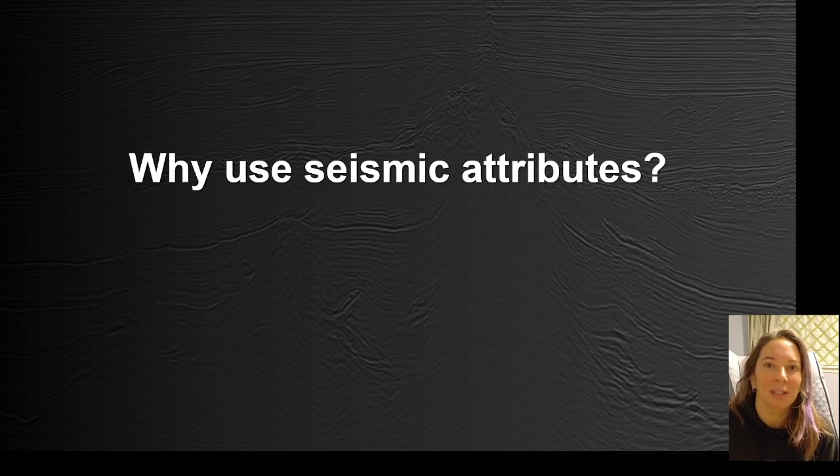The reason we study seismic attributes is because we really want to have a way to see more in the seismic data, as I've mentioned. We want to provide more objective, more quantitative measurements to enhance or supplement our traditional interpretation on the amplitude information.